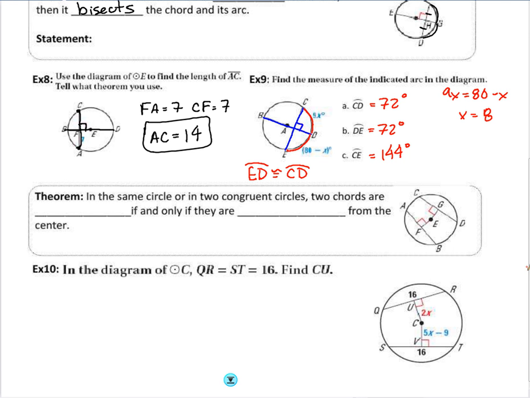Here we have a theorem where we're given the same circle or two congruent circles. Two chords are formed along that circle, CD and AB in our diagram. And those chords are congruent to each other if and only if they are equidistant from the center.